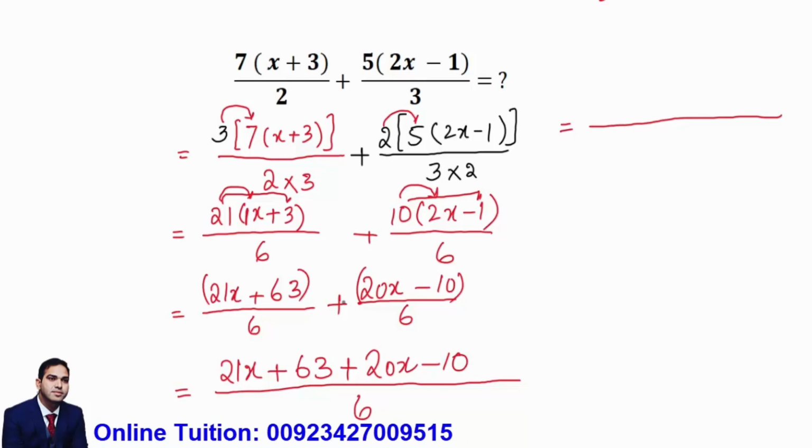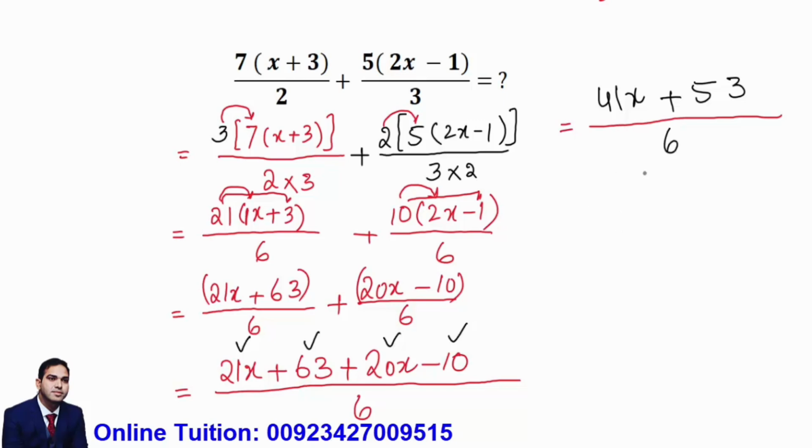Here if you see that this is 21x and this is 20x, it will be 41x. Now this is 63 and this is negative 10, so it will be plus 53. Okay, you can see that 63 negative 10 is 53 over 6.